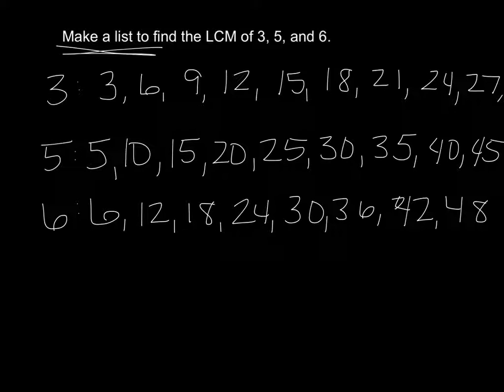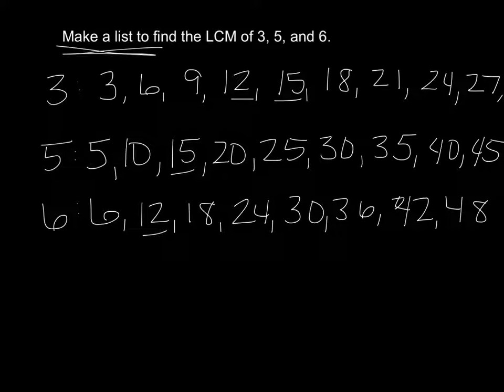But if I look at my 3s, 3, 6, 9, 12, well, 12 is in 6 and 3, but 5 doesn't have a 12. So that doesn't count. 15, well, 3 and 5 both have a 15, but 6 doesn't. Okay, 18, again, 3 and 6 have an 18. 21, no. 24, nope. 27.